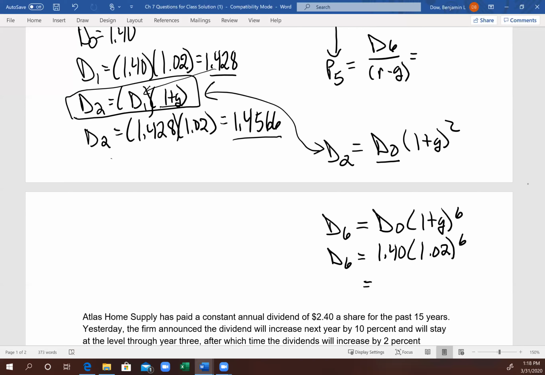And if we take $1.577 divided by 0.14, we end up with $11.26. And there we go.